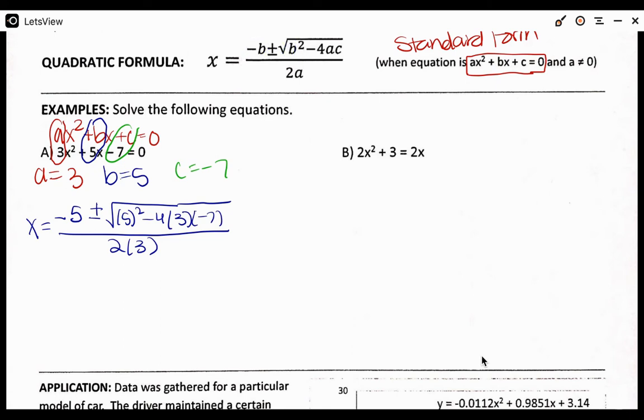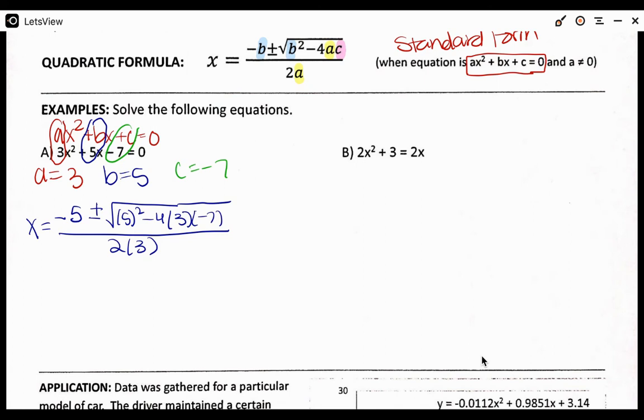So wherever you see b, that's where you're going to put your b. Wherever you see a, that's where you put a. And wherever you see c, that's where you put your c.